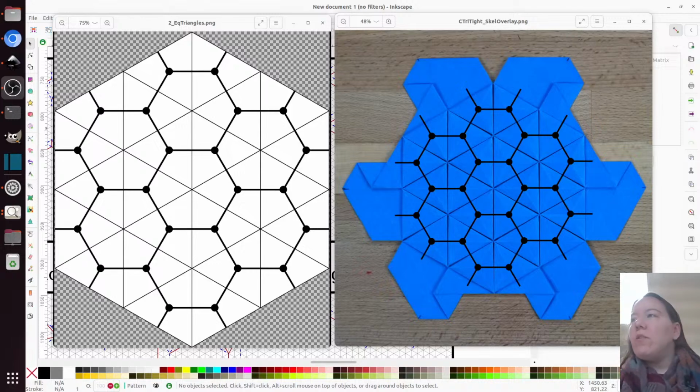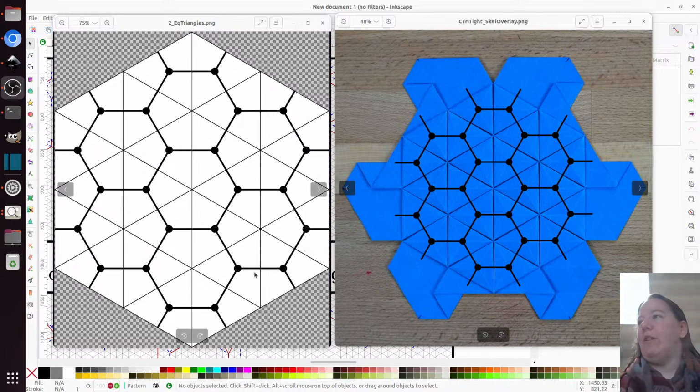All right, so today we're going to be talking about tilings and tessellations and the connections between them. And I want to start by directly showing that connection.